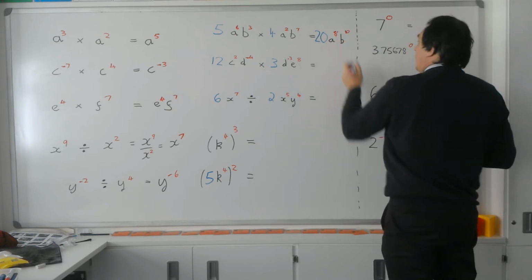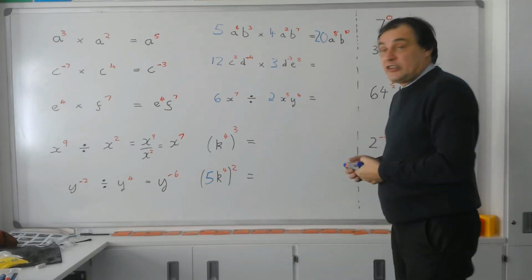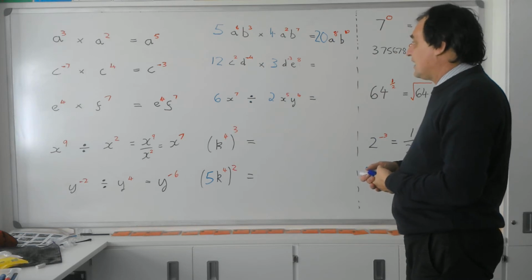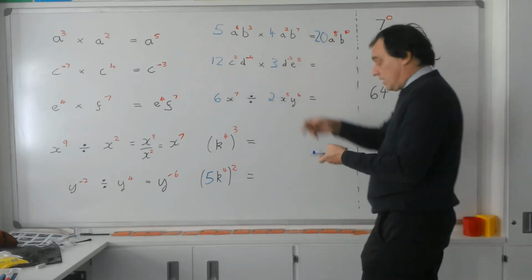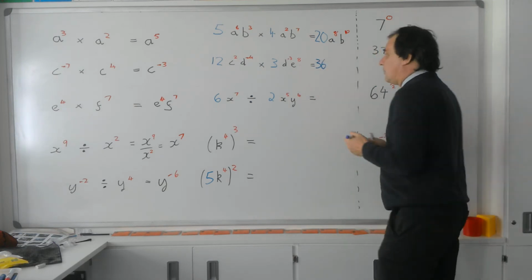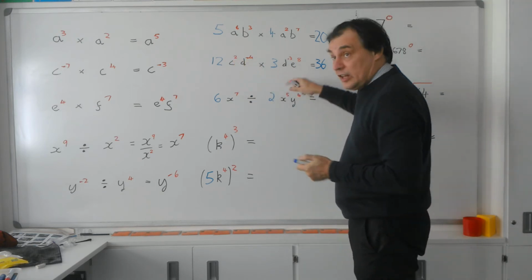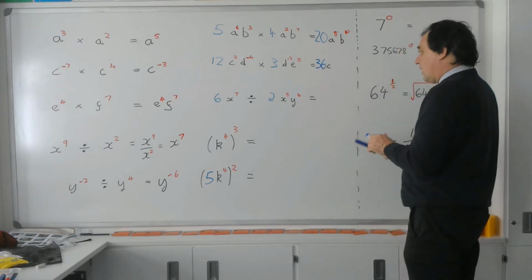Okay. Next bit. We've got 12 c squared d to the minus 4 times 3 d to the minus 3 e to the 8. So let's be careful here. Let's deal first things first. Those are the numbers at the beginning. 12 times 3 is 36. That's that bit out of the way. C squared, haven't got a C in the second term, so that just stays as C squared.